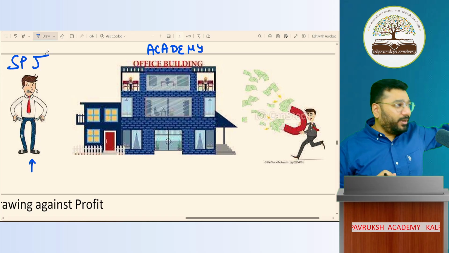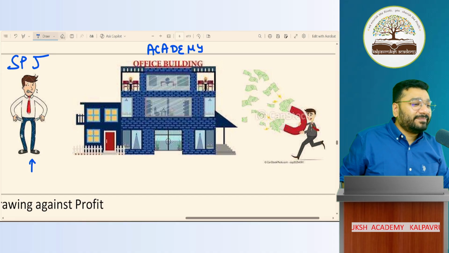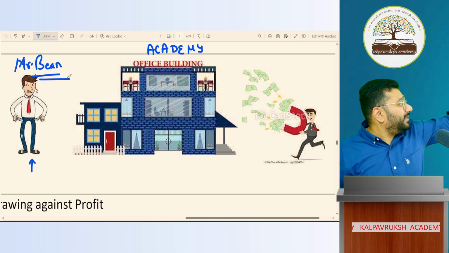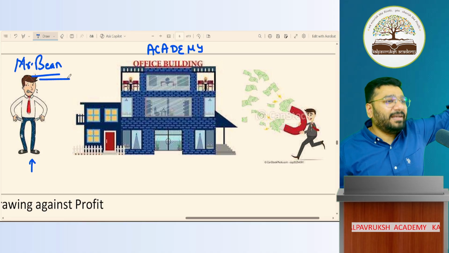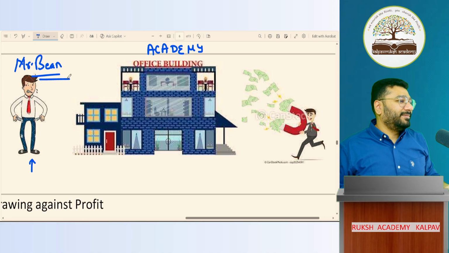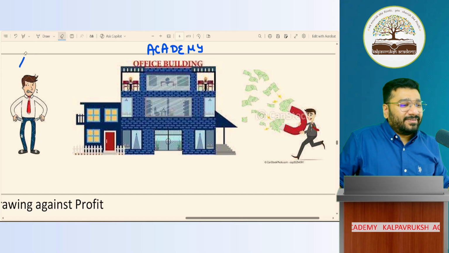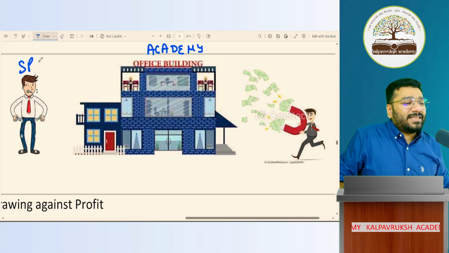Otherwise I had no intention. I wanted to give a separate name for this. Mr. Bean in a dress resembles him only, a little bit. Anyways, since he said SPJ, I'll take SPJ only.